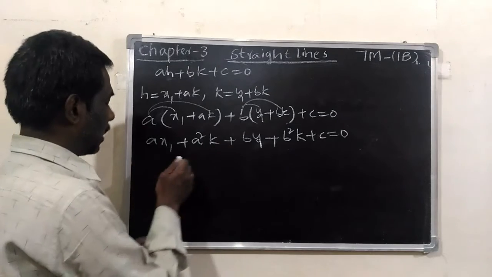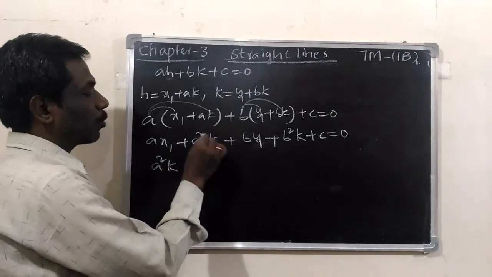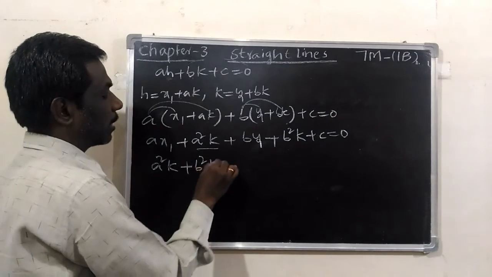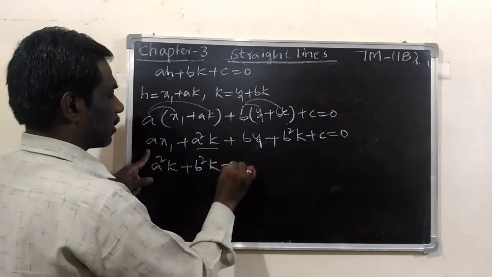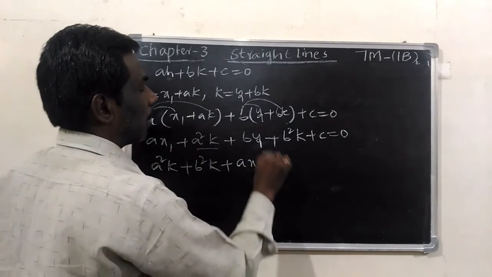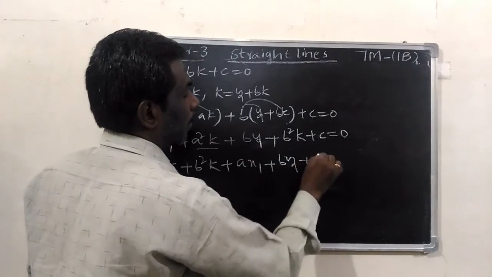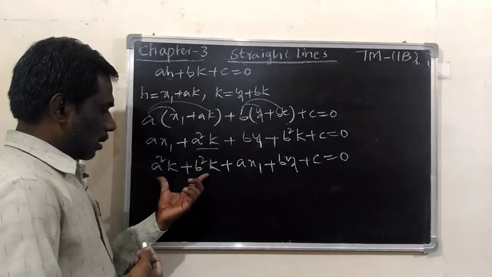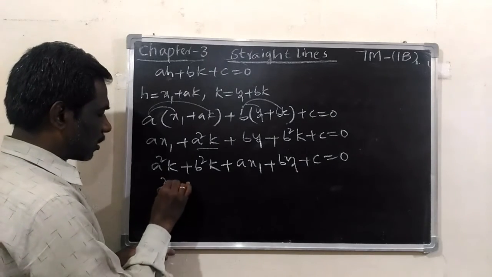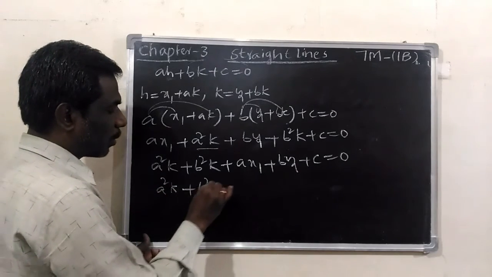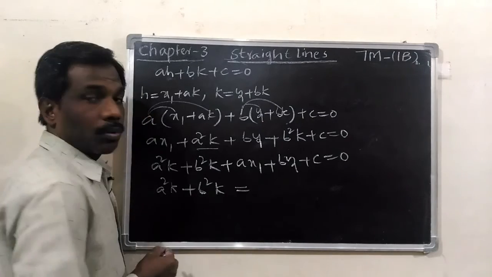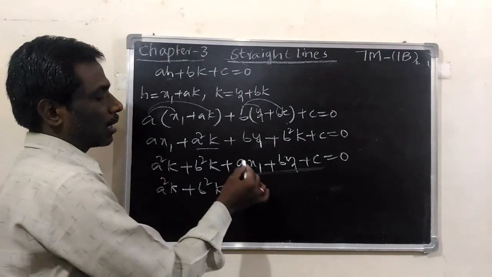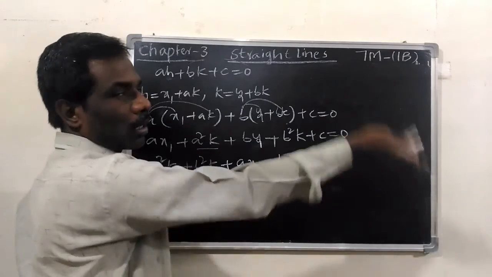And next write the k terms first: a square k plus b square k, and next write plus ax1 plus by1 plus c equal to 0. And write these two terms as it is: a square k plus b square k is equal to, transfer these three terms to the right side.